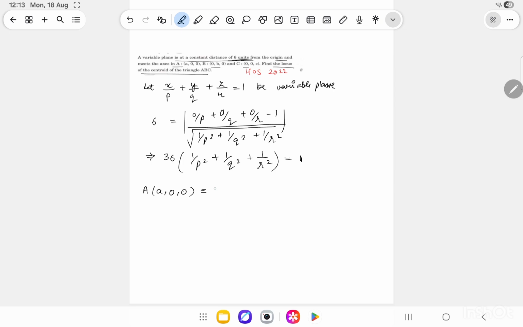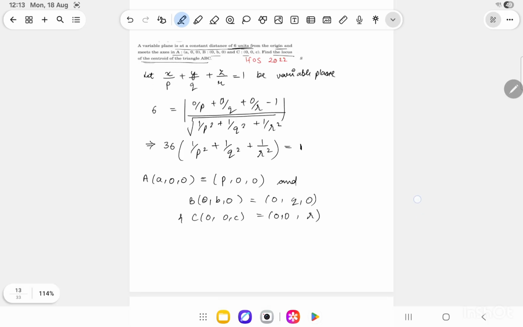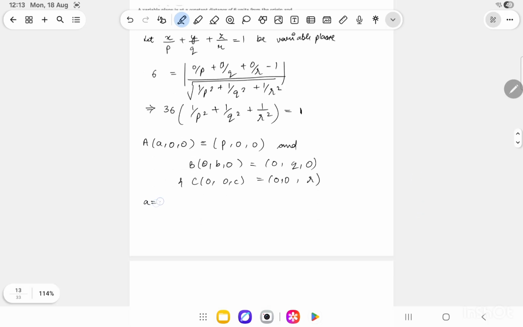So I'll get A as p comma 0 comma 0, B as 0 comma q comma 0, and C as 0 comma 0 comma r. So from here a equals p, b equals q and c equals r.